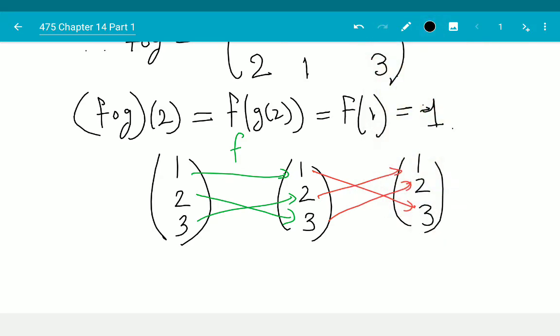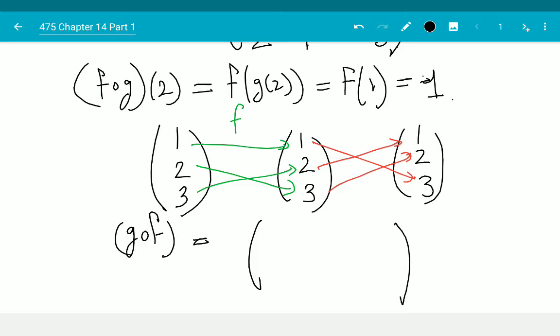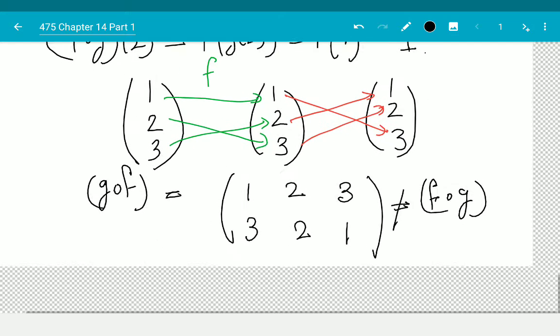Then G composed F is actually equal to, well, 1 goes to 1, then goes to 3, so 1 goes to 3. 2 goes to 3, then goes to 2, so 2 goes to 2. And 3 goes to 2, which then goes to 1, so 3 goes to 1, which is not the same as F composed G, right?